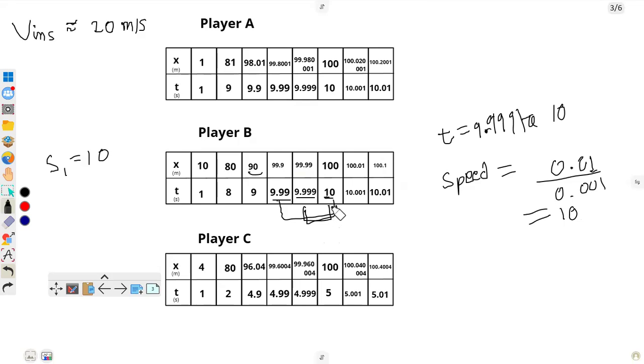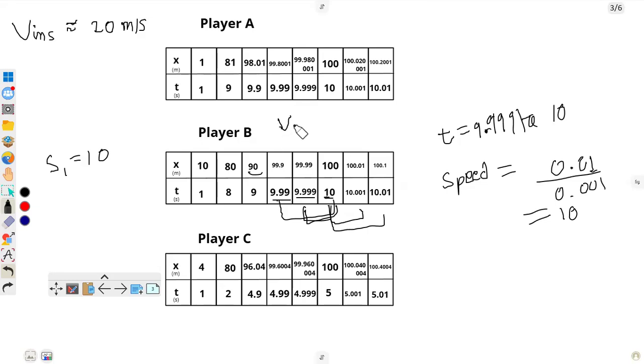And if you guys check, you will get the speed between 10 to 10.001 and 10 to 10.01. The speed will come out to be 10 meters per second only. What does this mean? This means that player B was always moving with speed 10 meters per second.